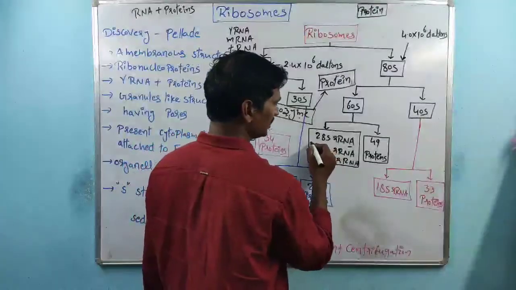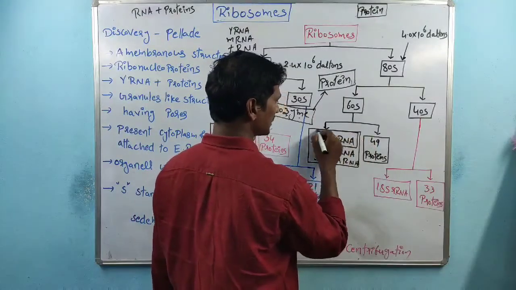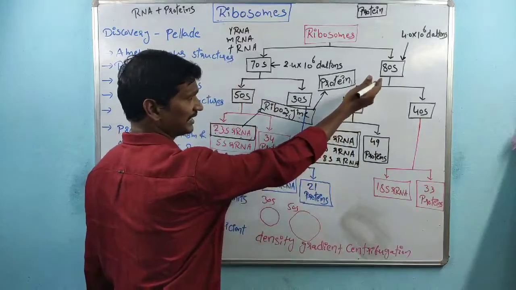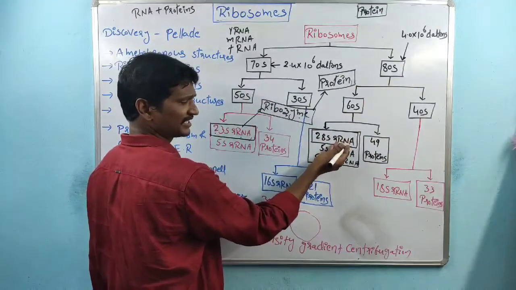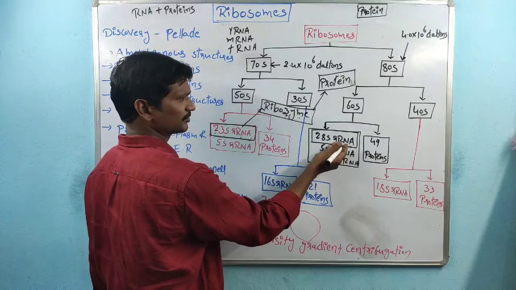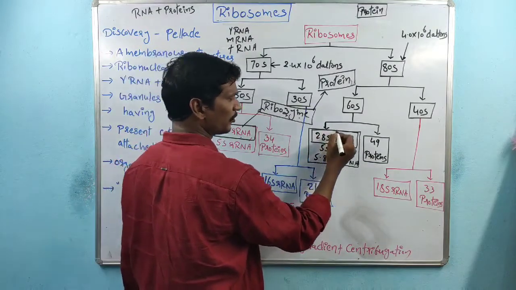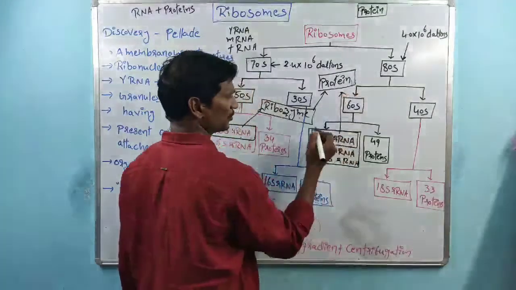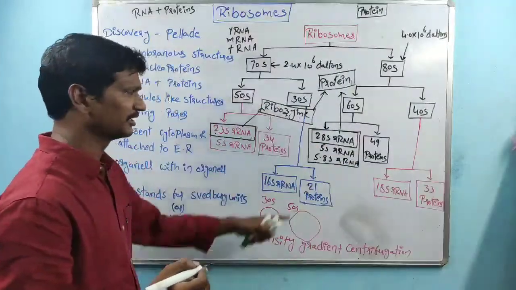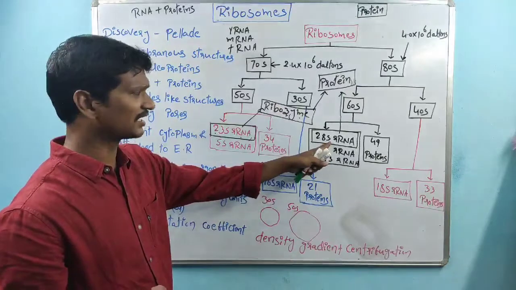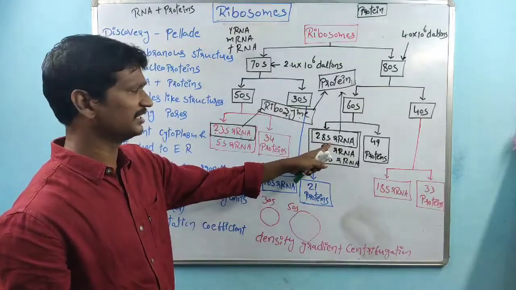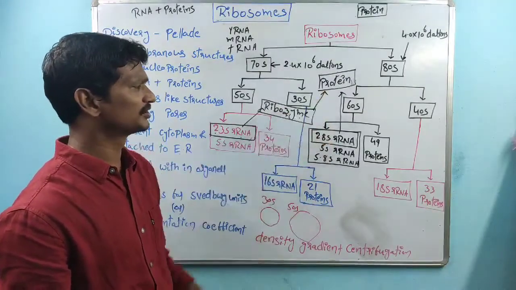In eukaryotes, this is the 28S rRNA. In eukaryotes, 80S ribosomes are present, and within that, 28S rRNA is very important for protein synthesis. This 28S rRNA is involved in protein synthesis.